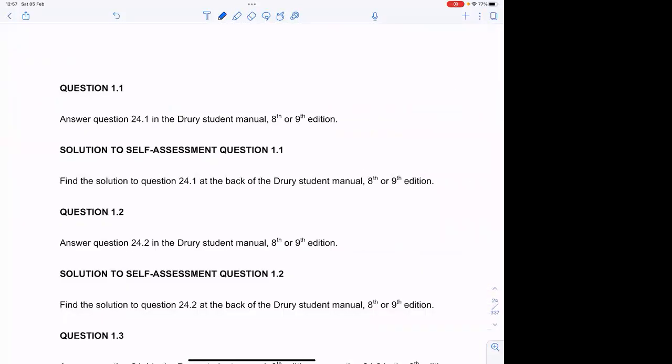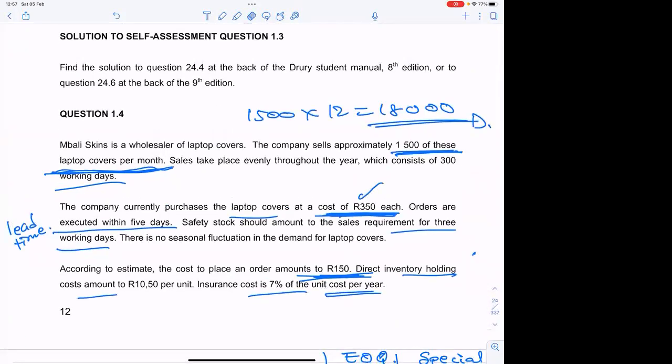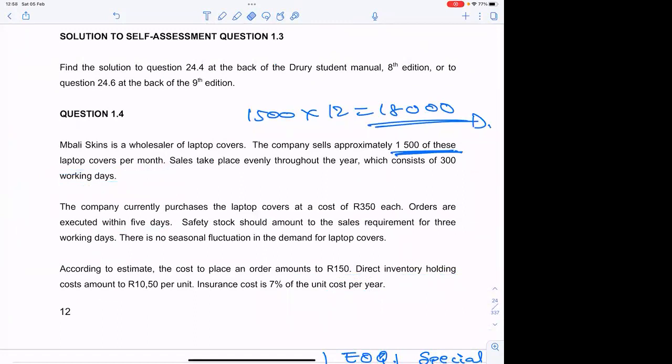Were we given the safety stock? Yeah, there was information here. What was the information saying about the safety stock? Safety stock should amount to the sales requirement for 3 working days. What we were given is the demand per month and the number of days in a year.